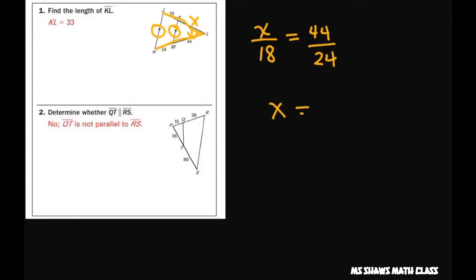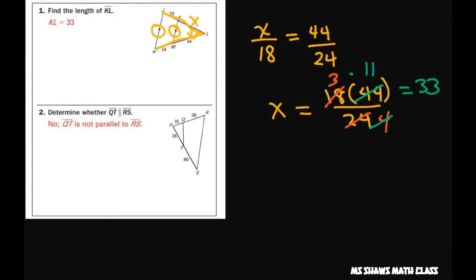Cross multiply, and you get 18 times 44 divided by 24. Use a calculator. We can reduce this by 3. So we can divide it by 6. If you divide this by 6, you get 3. And divide this by 6, you get 4. 4 goes into 44 11 times. So 3 times 11 is 33.